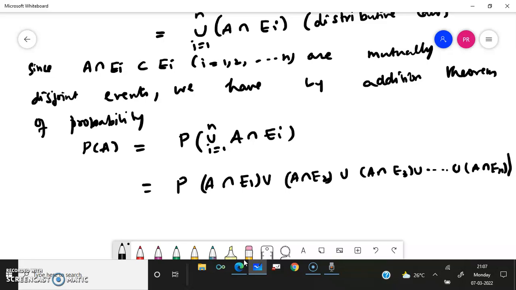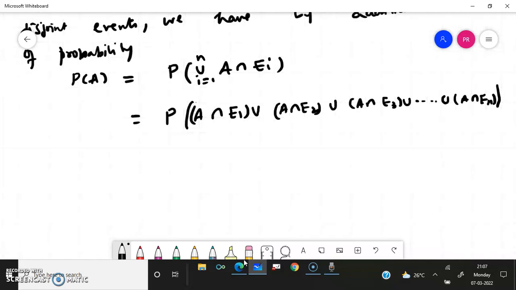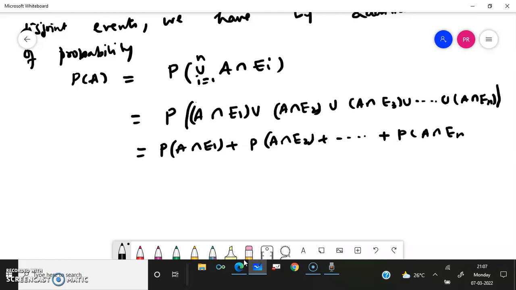They are mutually disjoint events, so using the addition law, P of A intersection E1 plus P of A intersection E2, and so on, plus P of A intersection En.